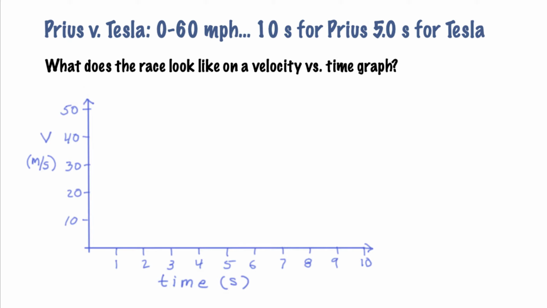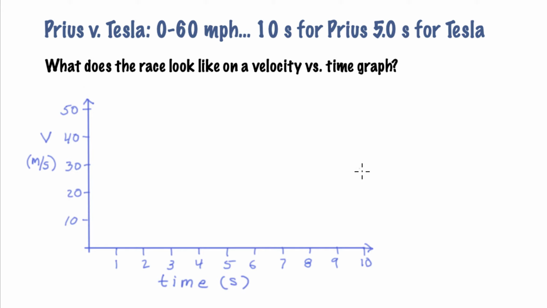Well, if we assume that the cars accelerate uniformly, it means that their velocity versus time graphs will be straight lines. So let's take the case of the Prius, for example. It goes from 0 to 27 meters per second, but it takes 10 seconds to do that. So maybe about here. I'm sorry, I'm having trouble drawing.